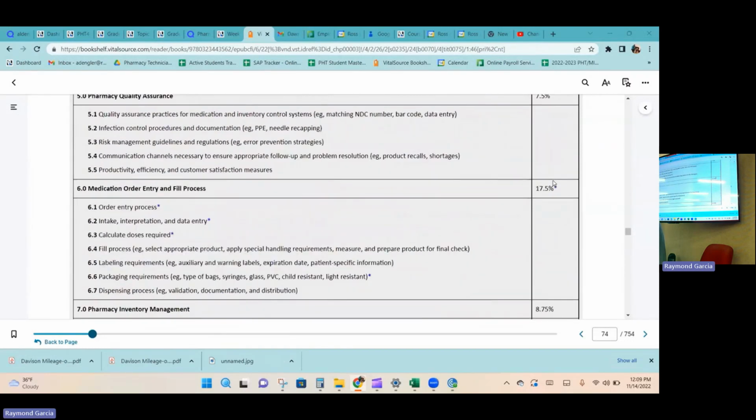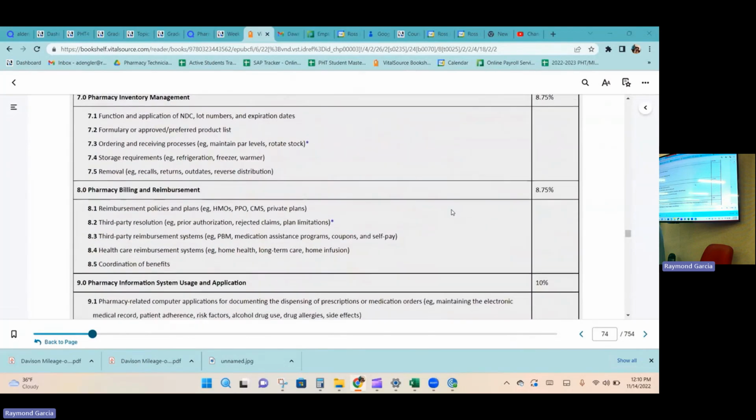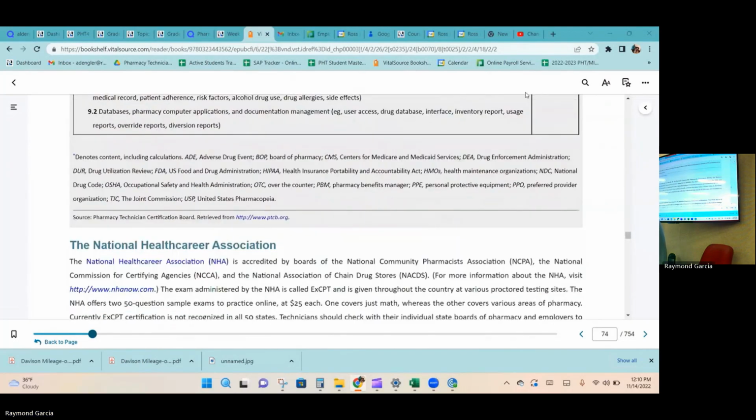I will make sure that I send that. If you want, just email me at dengler@rosseducation.edu, or you can go on the PTCB's website at ptcb.org and see the current updated information.